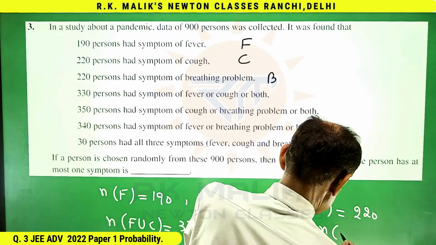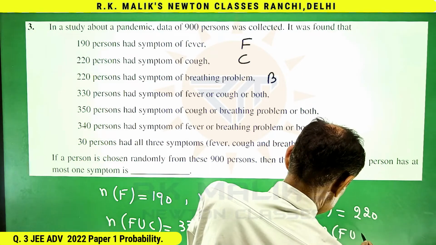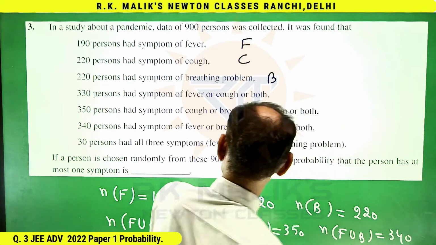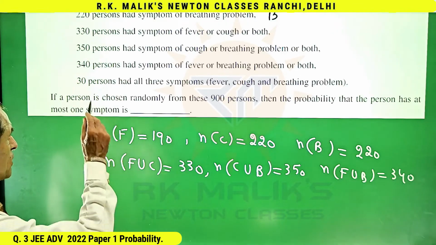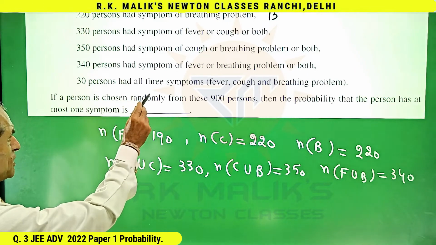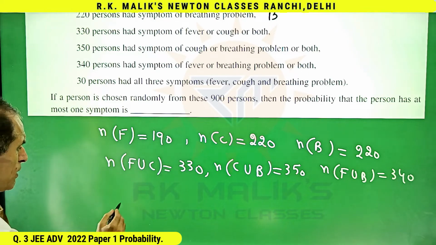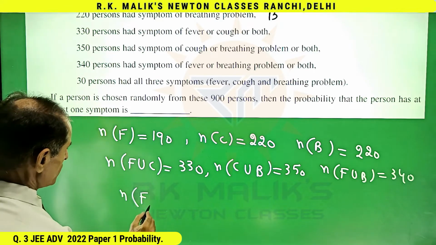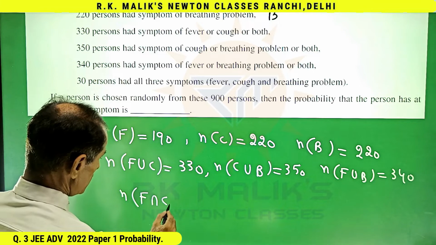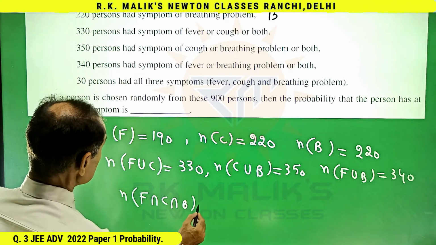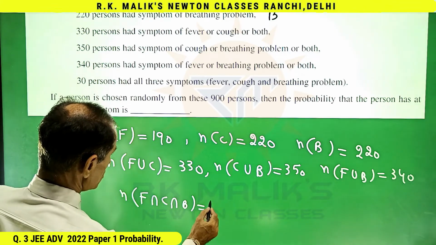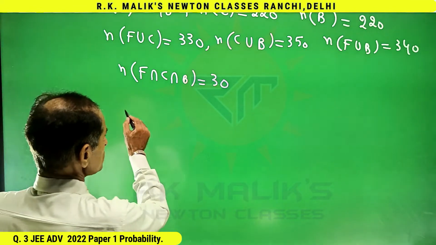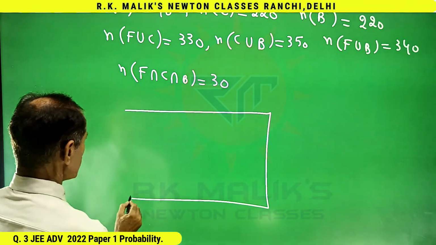That is N(F union B) is equal to 340. And further 30 have symptom of all the three problems. That is the number of persons in the set F intersection C intersection B is equal to 30.